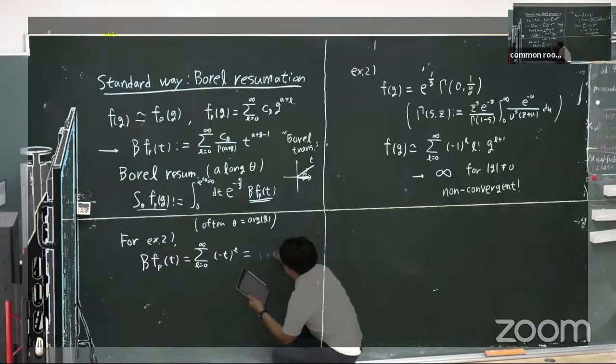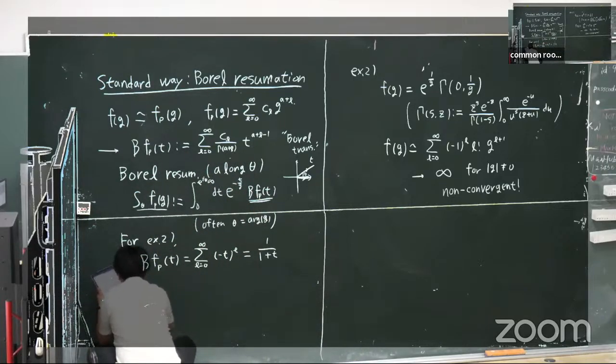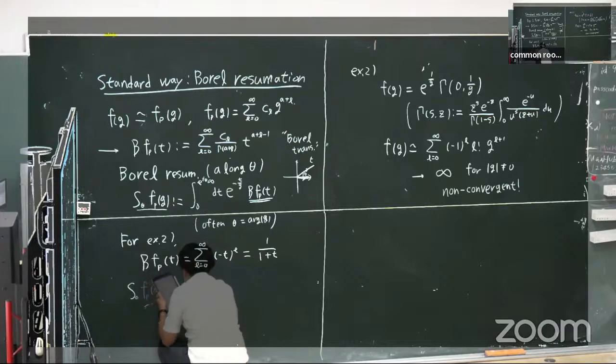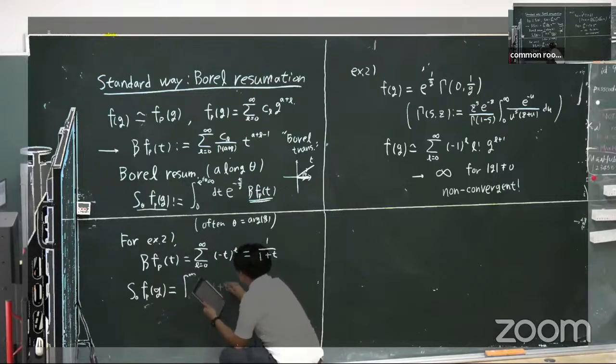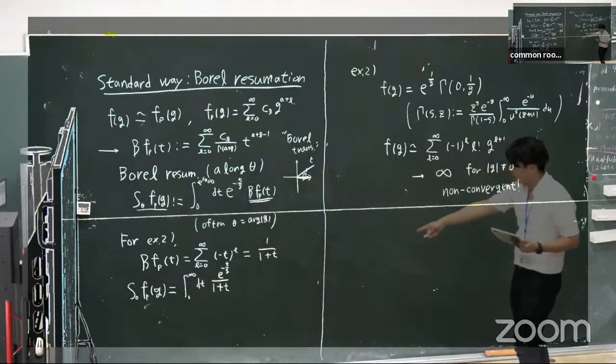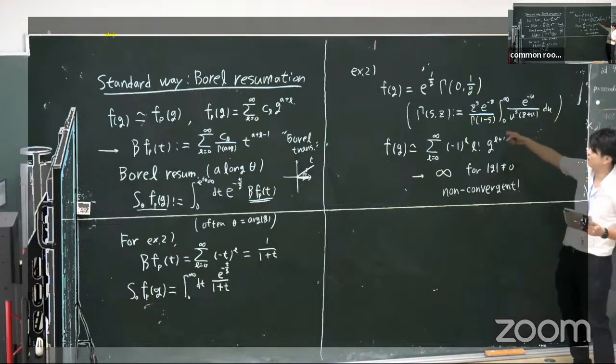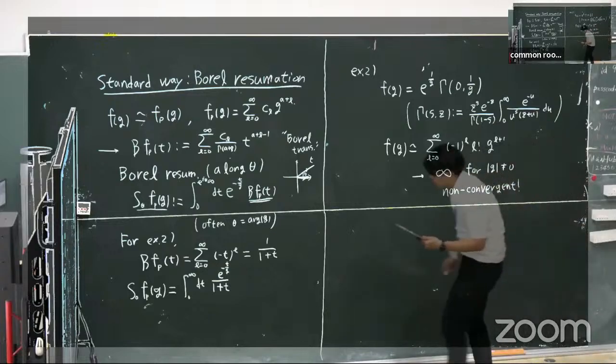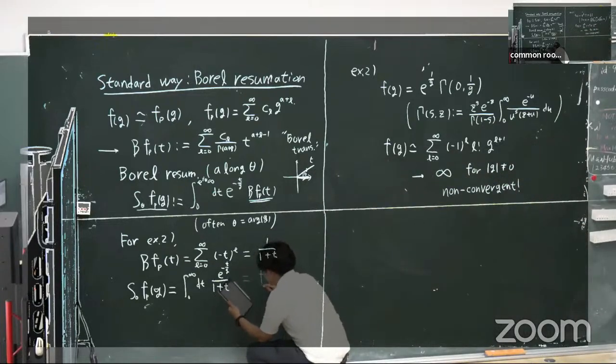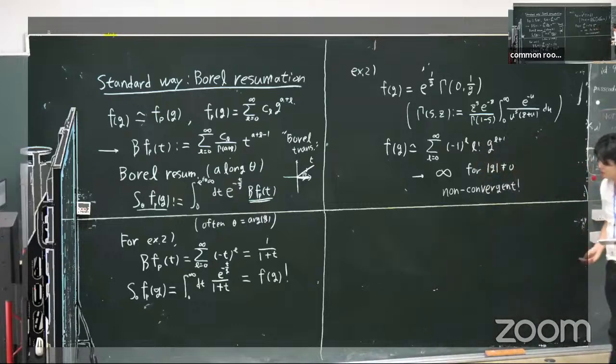It's simply 1 over 1 plus t after analytic continuation. Then we compute the Borel summation along the real positive axis. We have this integral, and after rescaling t by g, we get this integral representation. So this is exactly the same as the original function. So this looks nice.